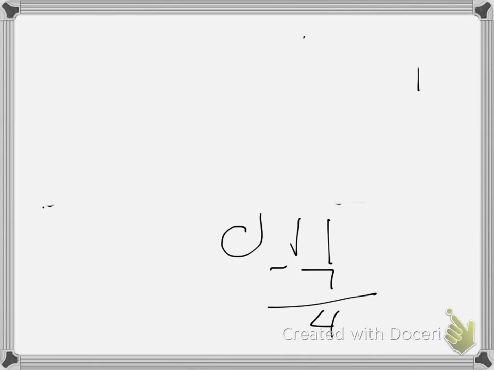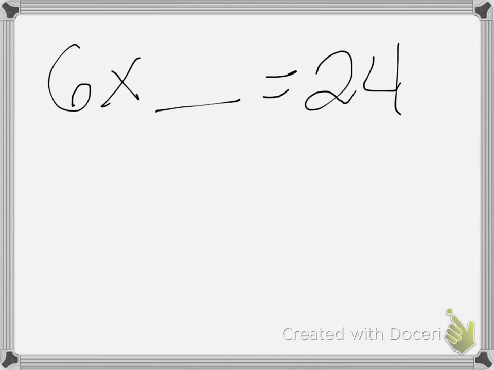Your next one is looking at factor pairs. If I'm looking at pairs, I'm looking at two numbers, like a pair of shoes, a pair of feet, a pair of ears, a pair of eyes. It's all 2. So, what factor is paired with 6 to give 24? We're thinking to ourselves, 6 times what equals 24?